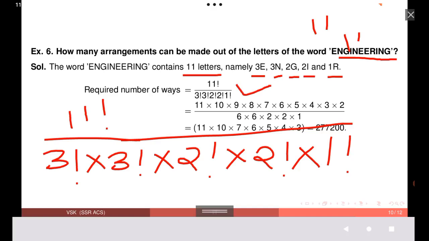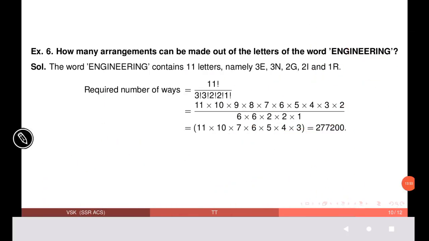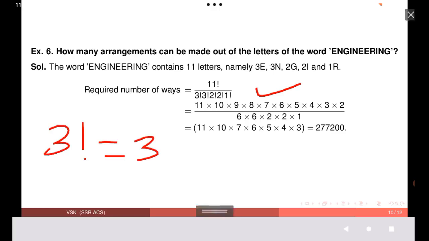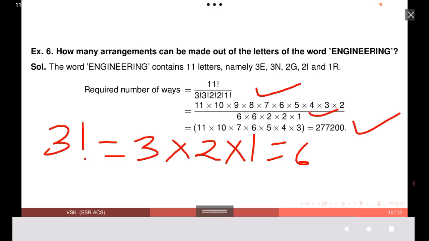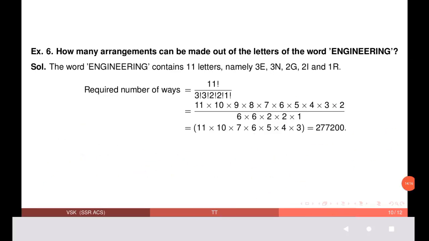So this will be the case. Factorial 11 means 11 into 10 into 9 into 8 and all these things up to 2. And factorial 3's value will always be 3 into 2 into 1, that is 6. So here only values are written and you just calculate using the calculator. So you will find this answer very easy.